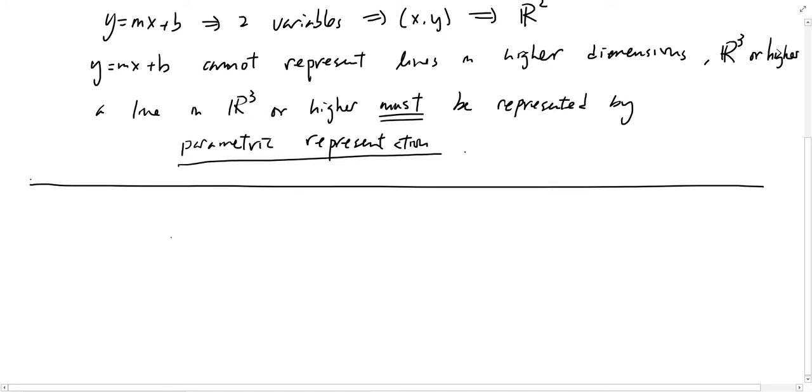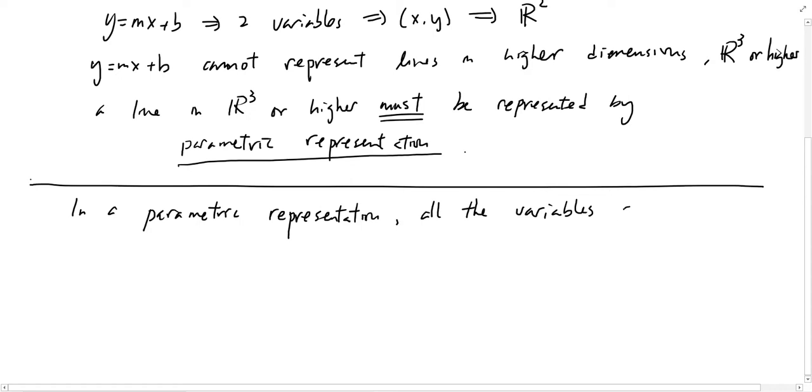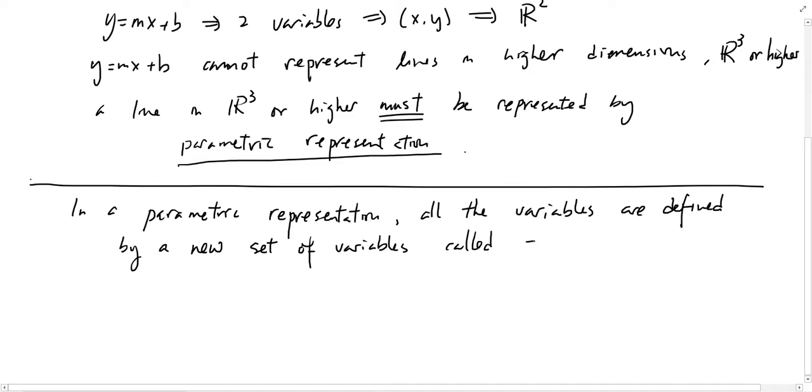Parametric representation basically means that all the variables are defined by a new set of variables. And these variables have a special name. They're actually not called variables. They're called the parameter.